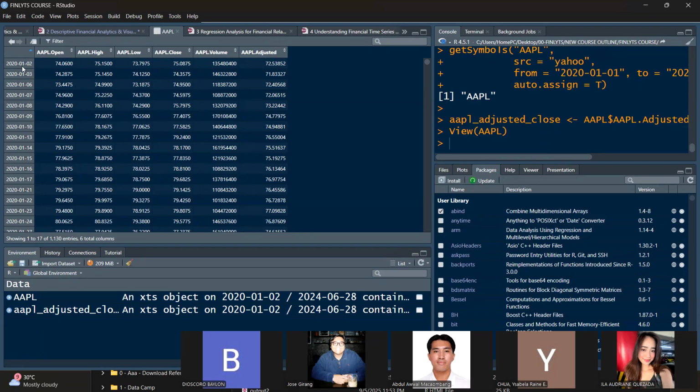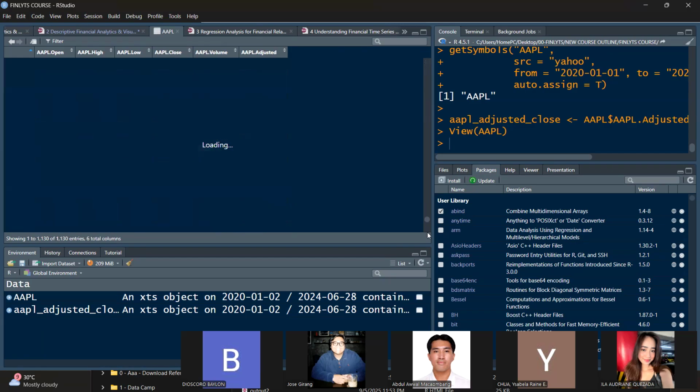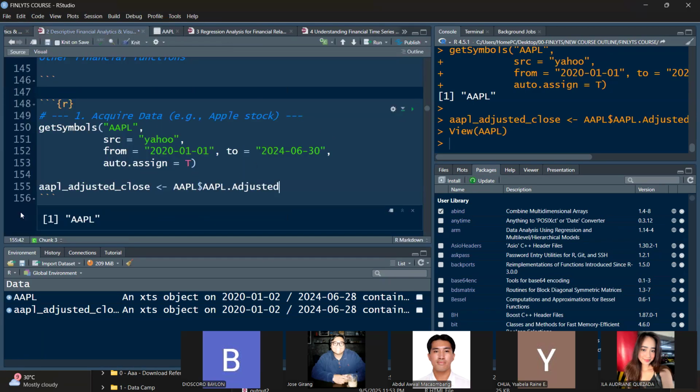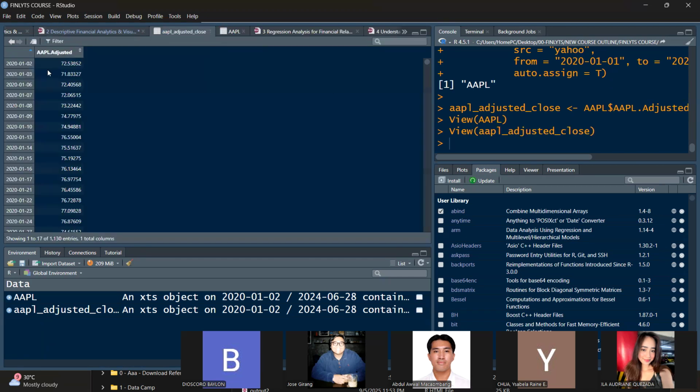You can see here that it's from January 2, 2020 until June of 2024. Then what I did was to create another object, Apple adjusted close, and it's only the adjusted price. So we were able to subset what we needed. So this is another object. Okay, so let me stop here. We'll continue this next.